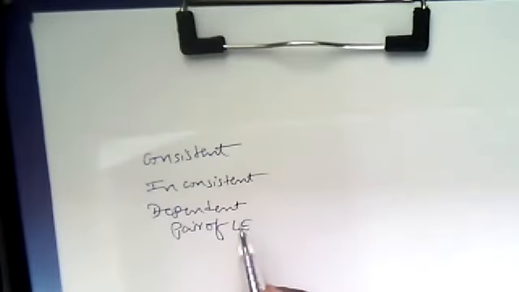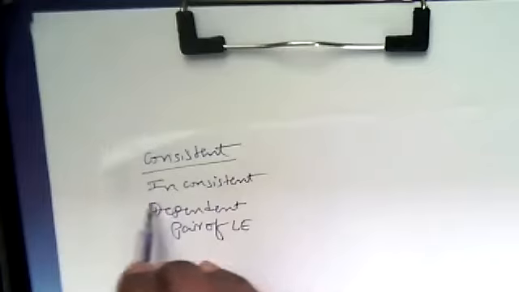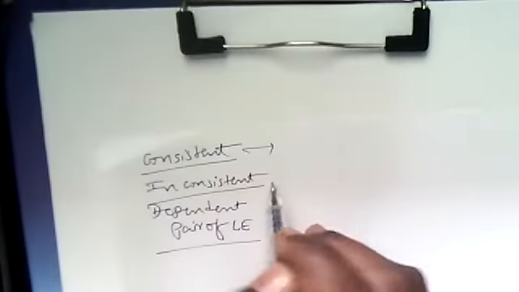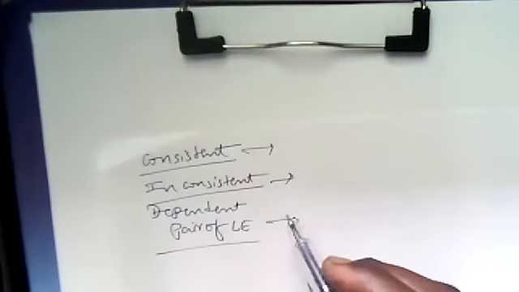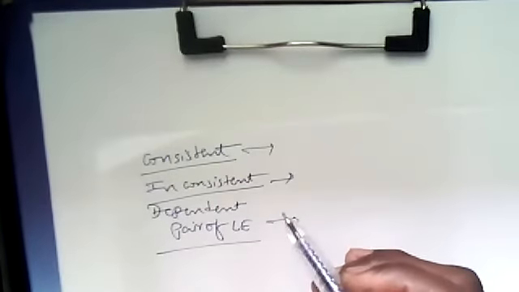Consistent, inconsistent, dependent pair of linear equations. For each one I was giving the examples and conditions.